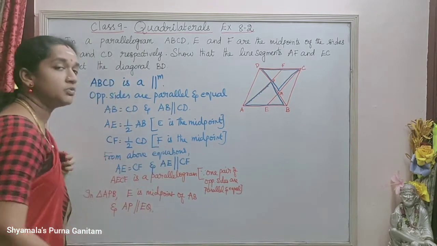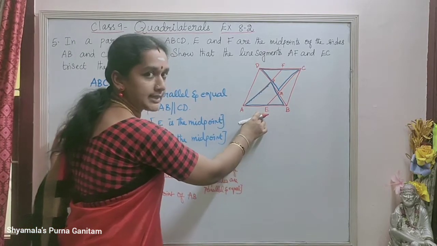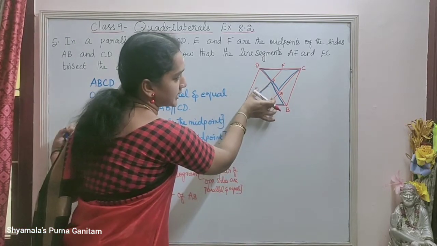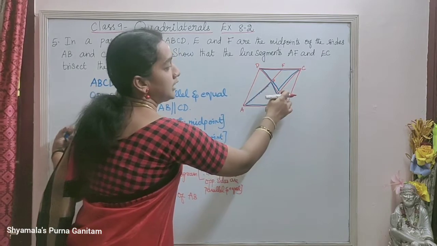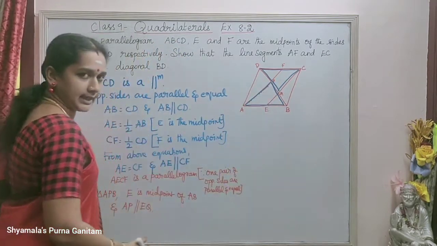By the converse of the midpoint theorem: one point is the midpoint, and these two sides are parallel, so Q will also be the midpoint of the other side.